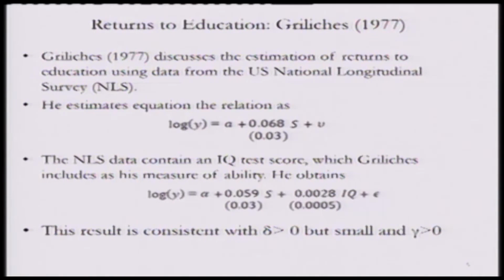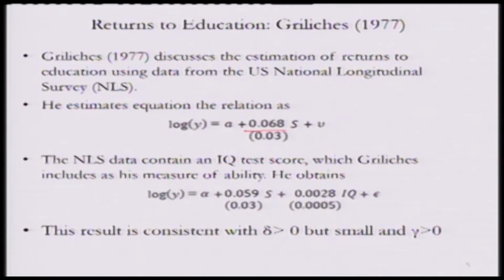Griliches discusses the estimation of returns to education using data from the US National Longitudinal Survey, and the equation he estimates is what we just saw: log y, the log of earnings, as a function of schooling, given by S. In the OLS estimation of this equation, where ability is an omitted variable, he finds that the coefficient on S is 0.068.